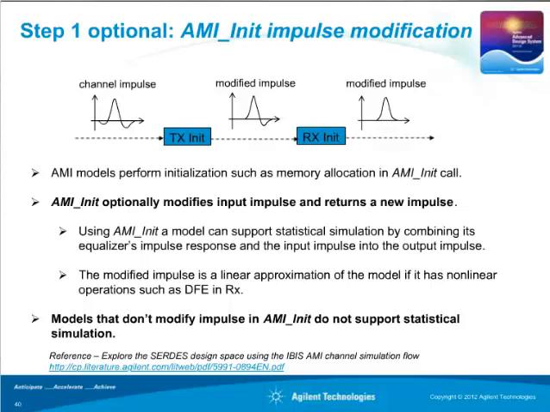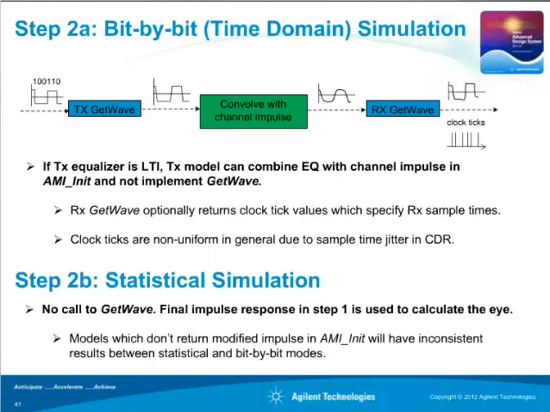So this allows a model to take an input response and produce a modified impulse response. If you look at the flow at the top, this is a little different because you take the channel impulse response and through AMI init, modify it to give you a modified impulse, and then that is what is fed to the receiver. And this is the statistical methodology.